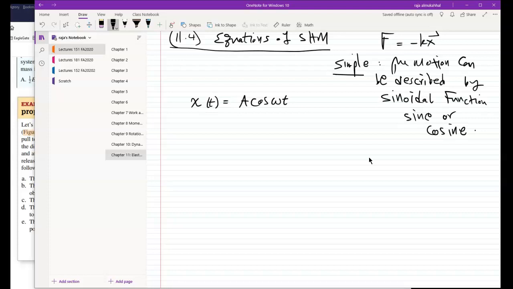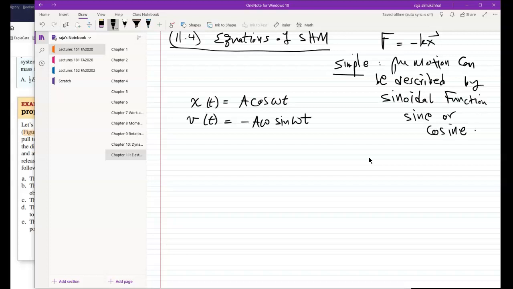Okay. The velocity is simply, for those of you who know calculus, you take the derivative of the displacement. You're not required to learn that in this course, but basically if you take the derivative of that, you will get the velocity, and in this case it's going to be equal to minus A omega sine omega t.